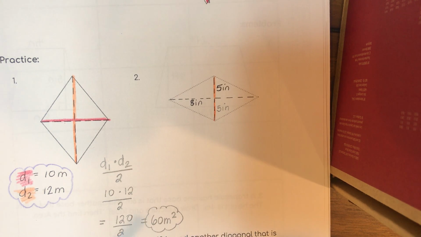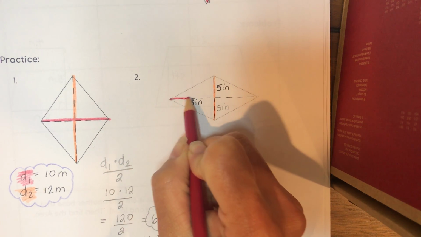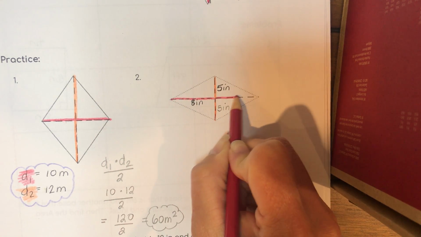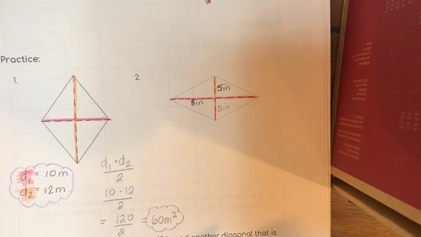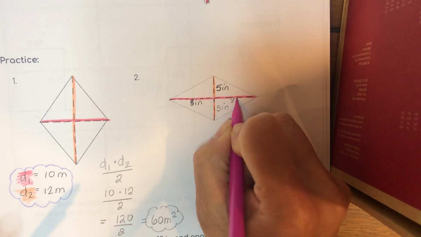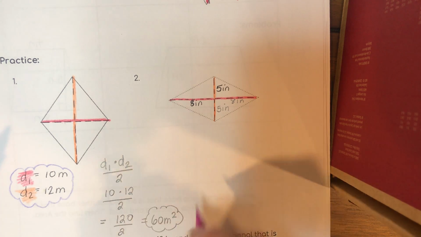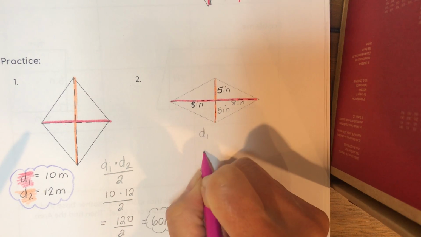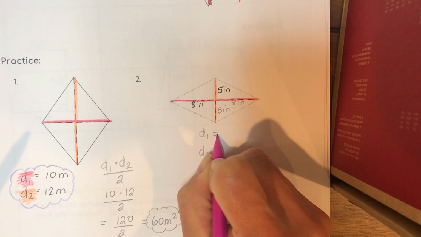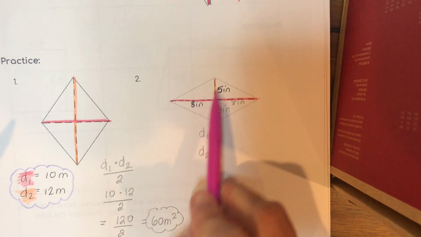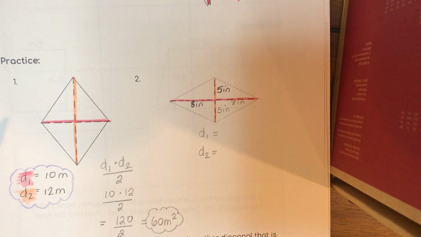In my other diagonal, if this side is 8 and then I continue it on, I also have 8 inches. So what I want to do is label what diagonal 1 would be and diagonal 2 would be. Again, it doesn't matter which one we pick.